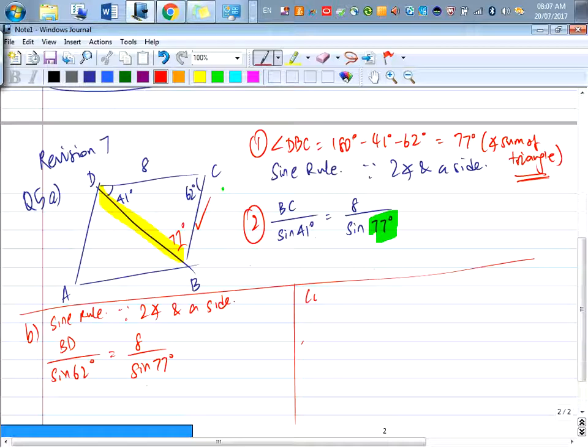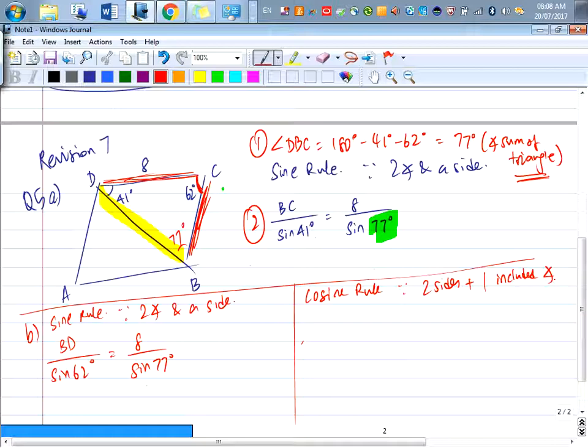So, anybody chose cosine rule? Anybody? Finding the length of DB. Look, I have one side over here. I have another side. This is found in part A. Then I have, what is this angle called? Included angle. I have two sides, one included angle. So I can use my cosine rule also, because two sides plus one included angle.